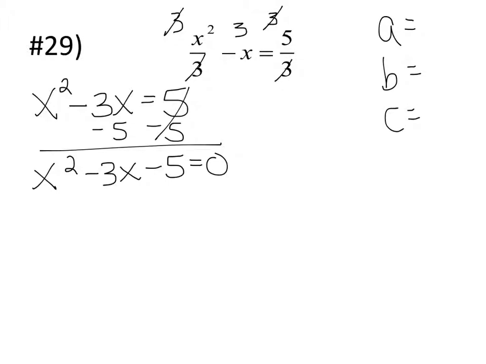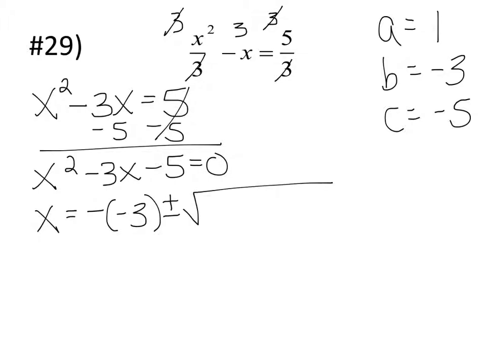This new equation that I have, it's the same as the equation that I started with. However, it's a heck of a lot easier to plug into the quadratic formula. So A is going to be 1, B is going to be -3, and C is -5. So I have x equals negative b, so -3 plus or minus the square root of b squared minus 4ac.